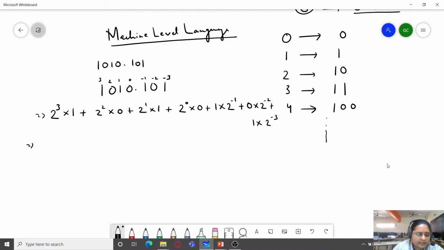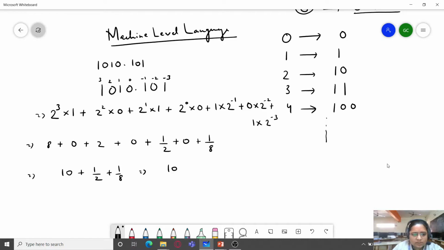And we will expand it. So just solving these values will give us the data.